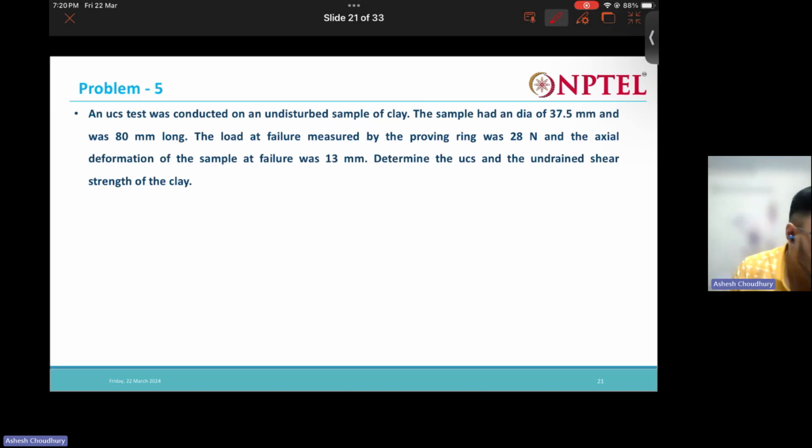So let's please find this out. Very easy. Exactly the same. You should be able to do this in just 2 minutes. Just put the values and find out.